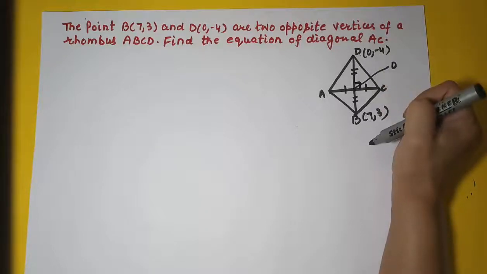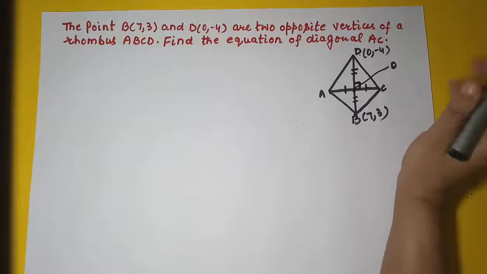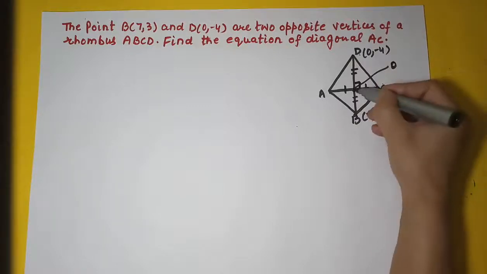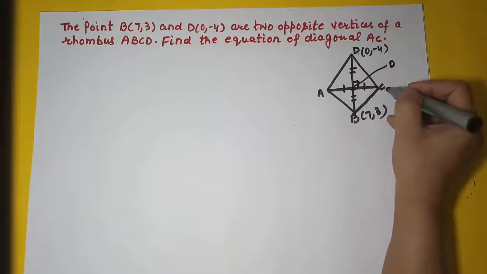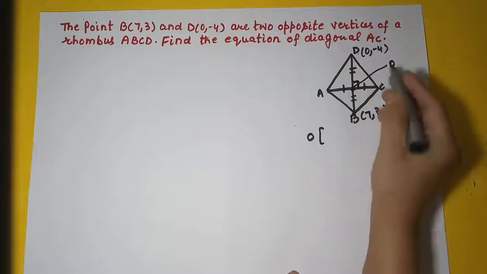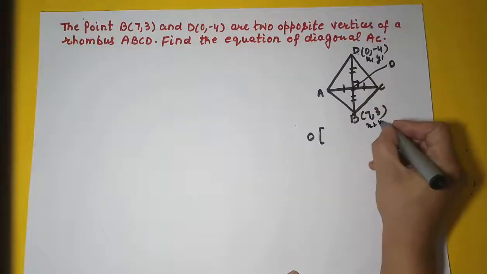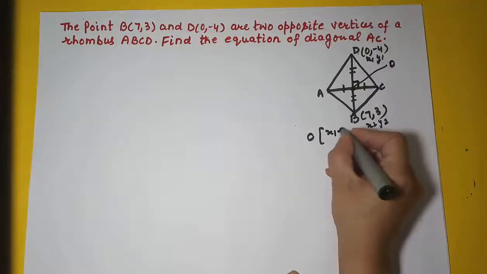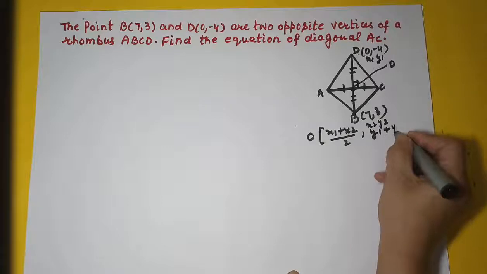Now we are given the coordinates of the opposite vertices, so we can find the coordinates of O. How? Because O is the midpoint of BD, and O is also the midpoint of AC. So let's find the coordinates of O. This is x1, y1 and this is x2, y2: (x1 plus x2) by 2 and (y1 plus y2) by 2.